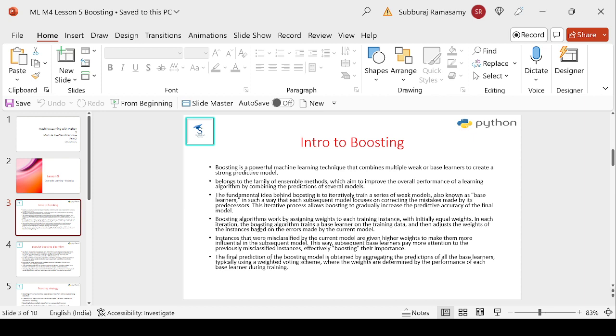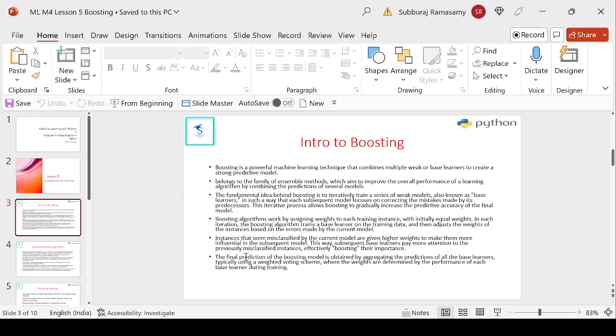So suppose a training example is causing more error, then those examples are given more weight. Initially, all the training examples are given equal weight. Instances that are misclassified by the current model are given higher weights to make them more influential in the subsequent build. This way, subsequent base learners pay more attention to the previously misclassified instances, effectively boosting their importance.